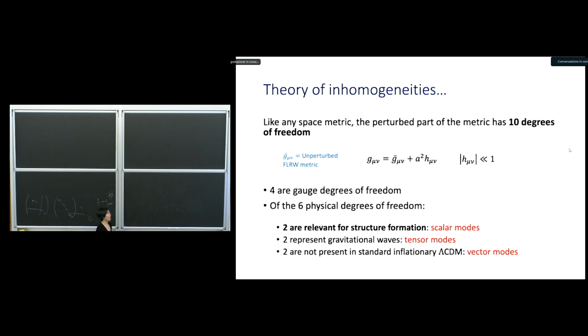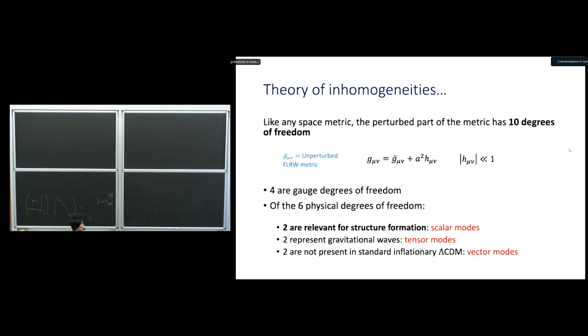In fact, here there are 4 degrees of freedom in the metric that are just called gauge degrees of freedom, related to how we choose our coordinate system. So if I remove these 4 gauge degrees of freedom, then in the end there are only 6 degrees of freedom that are actually describing physics.